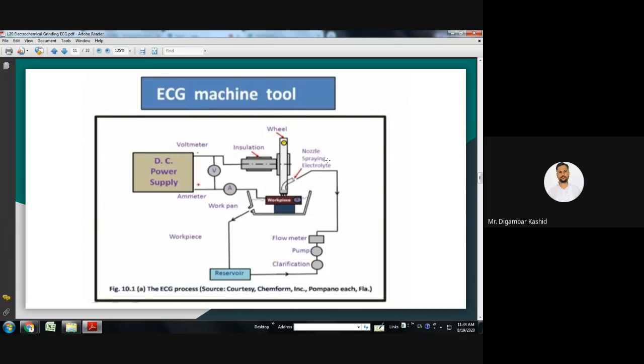For that purpose a nozzle for spraying electrolyte is used, and we have a separate reservoir. After usage, you can collect the electrolyte, filter it, and recirculate it. So this is a simple ECG machine tool diagram.